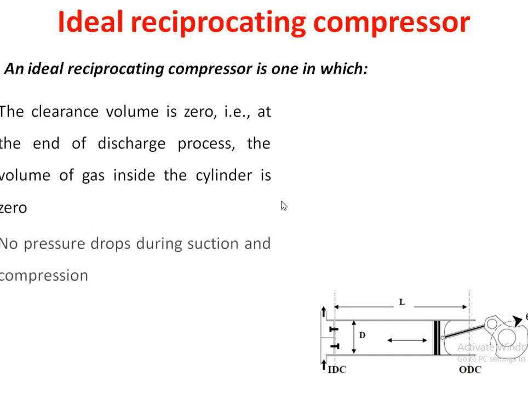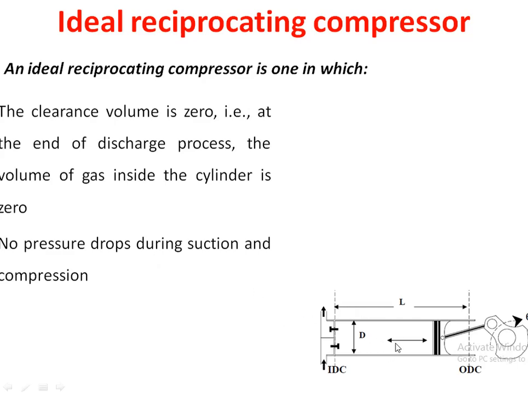Second condition: no pressure drop during the suction and compression process. In actual compressors, when the suction process happens, the pressure inside the cylinder will be less than the outside pressure, or the inlet pressure. Whatever the pressure of the gas at the inlet, the cylinder pressure will be less than that. There will be a pressure difference between the inlet pressure and the pressure inside the cylinder. In an ideal compressor, this won't be so.